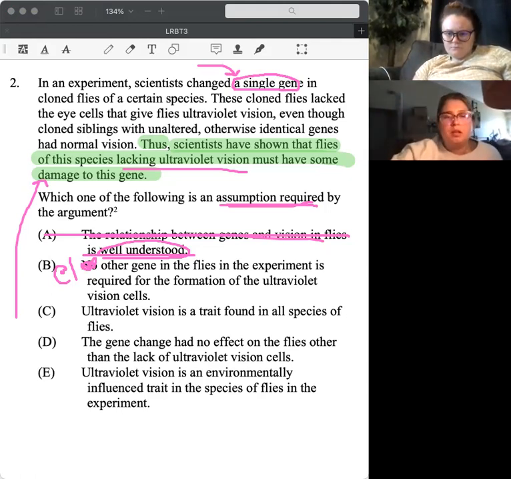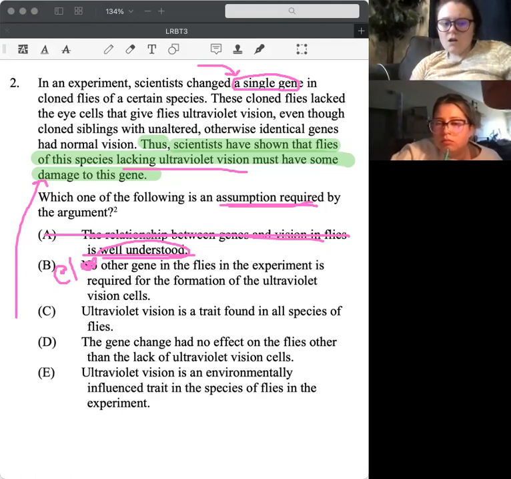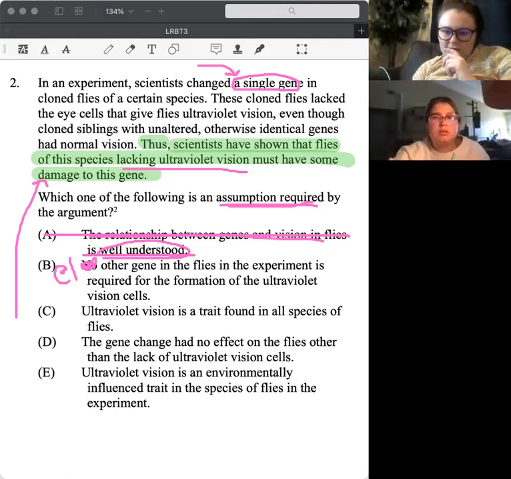Ultraviolet vision is a trait found in all species of flies. Are we talking about all species of flies?